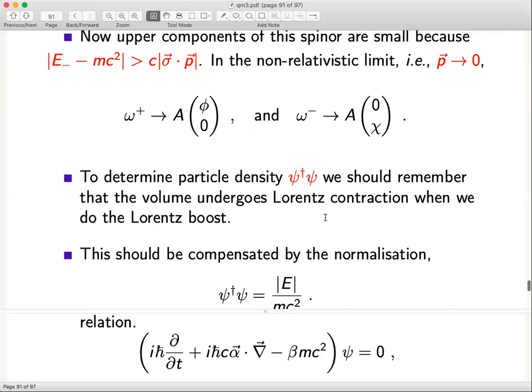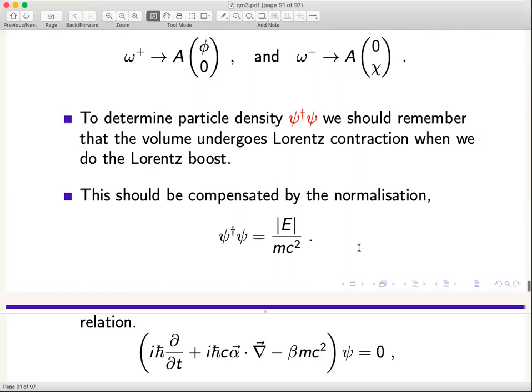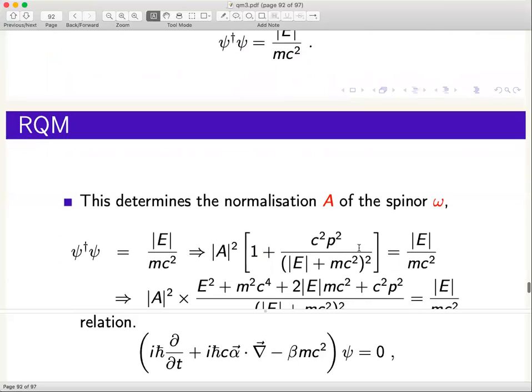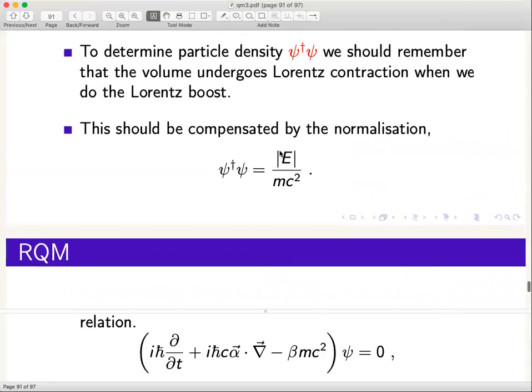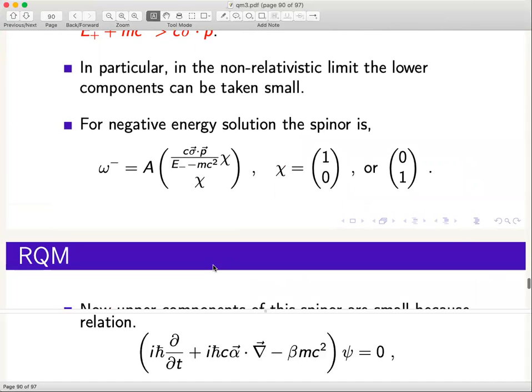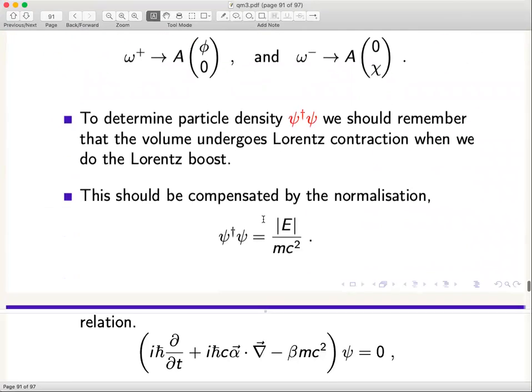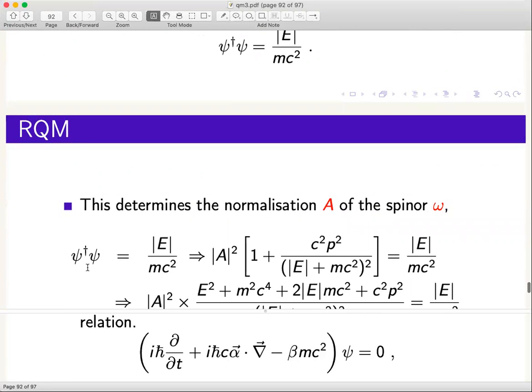So the normalization that we require is that psi dagger psi is equal to mod E by mc squared. This is something we talked about earlier also, that you need such a factor to compensate for the Lorentz contraction. But we know that psi dagger psi is actually written in terms of this normalization A. You can look at any of these expressions, choose this or this, it doesn't matter, and plug it in.